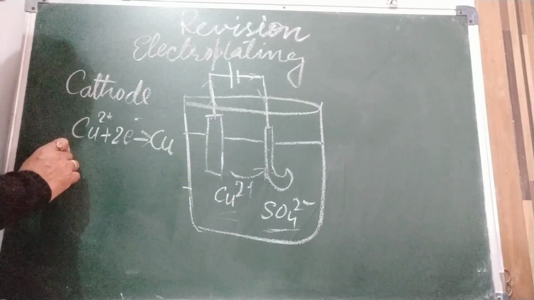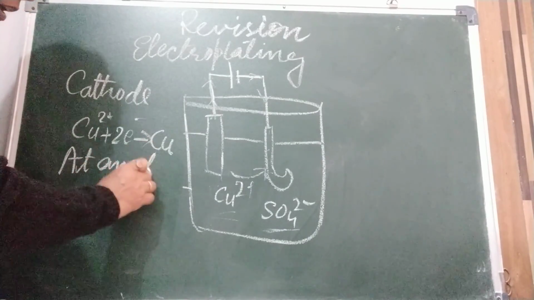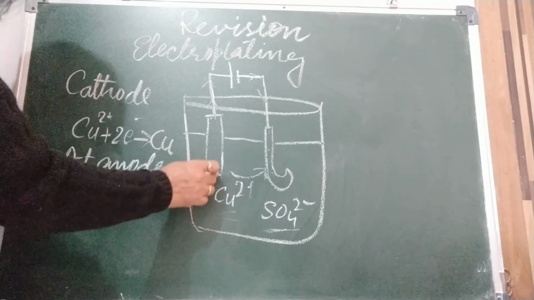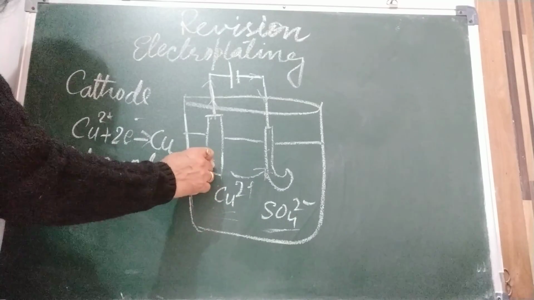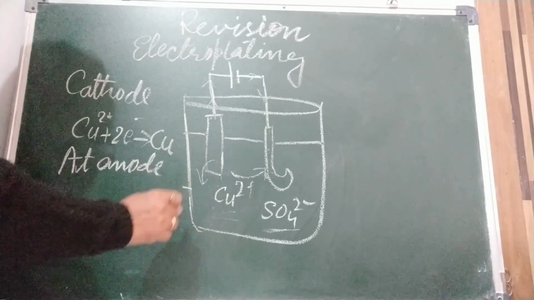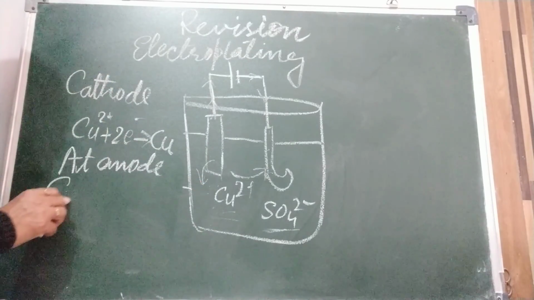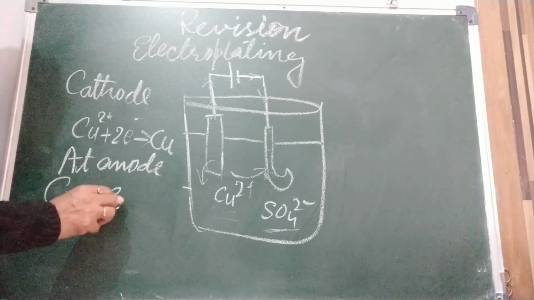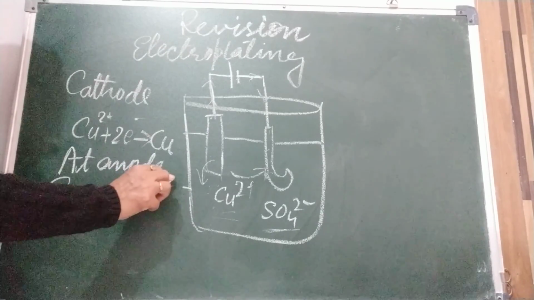And what happens at the anode? Here the number of copper ions reduces, so copper starts coming out from the strip. The copper atom from the strip removes 2 electrons and becomes a copper ion.